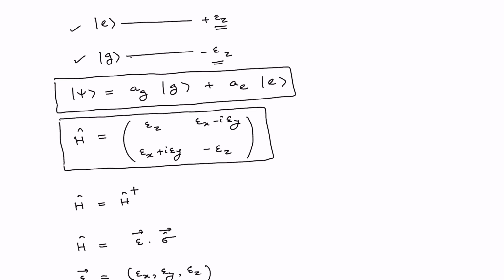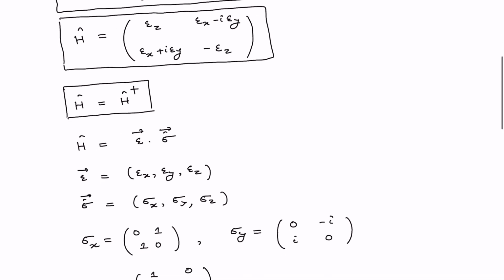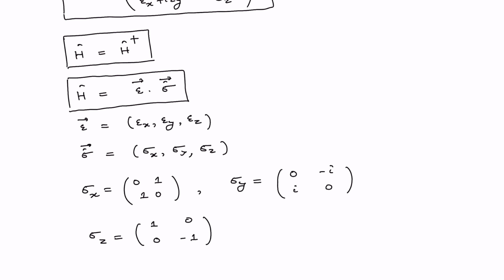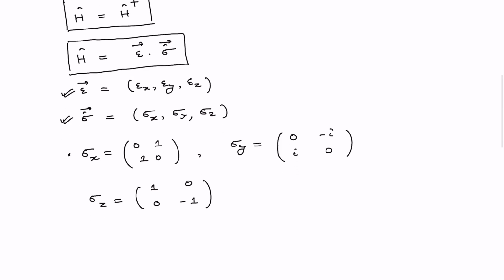As you can see from this form, this Hamiltonian is Hermitian, just like any operator in quantum mechanics, as we know that it has to be Hermitian. Then utilizing the so-called Pauli matrices, this Hamiltonian for the two-level atom can be written in this very compact form, where epsilon is written as a kind of vector, and sigma, which is the Pauli operator, has components sigma x, sigma y, sigma z, which are the Pauli matrices as defined in this equation.